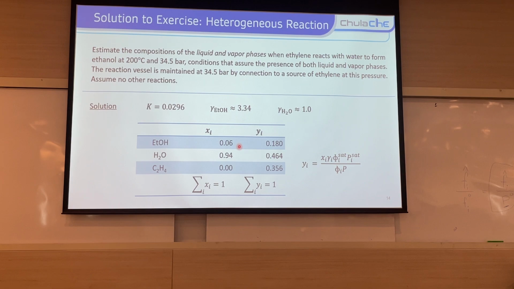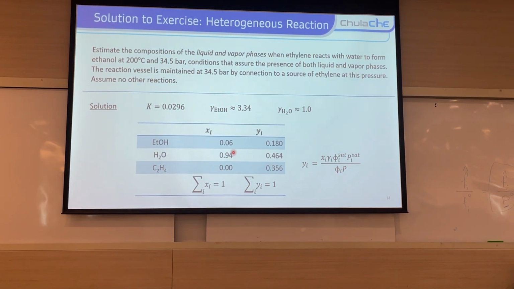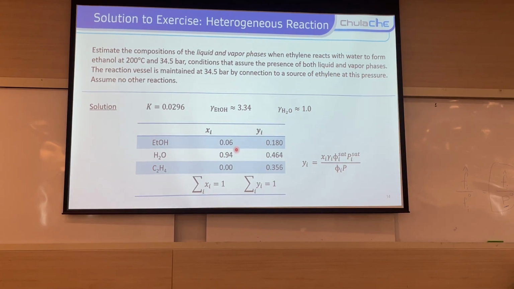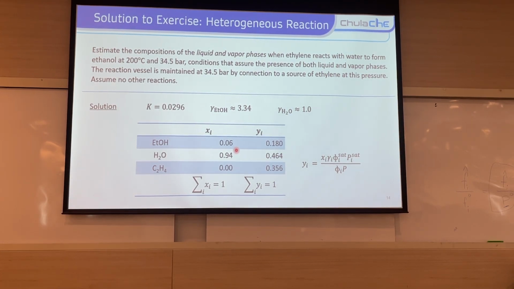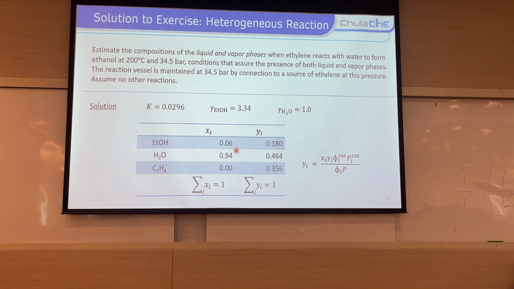So the initial guess of the mole fraction will be between 0 and 1, and you can type 0.5. But in this case, the actual answer is 0.06, so if you start with 0.5, it might need many rounds of iteration to get to 0.06.